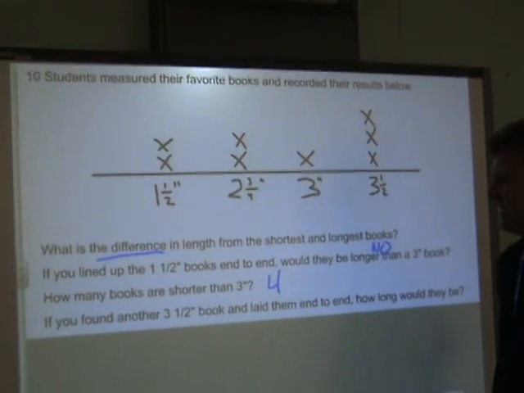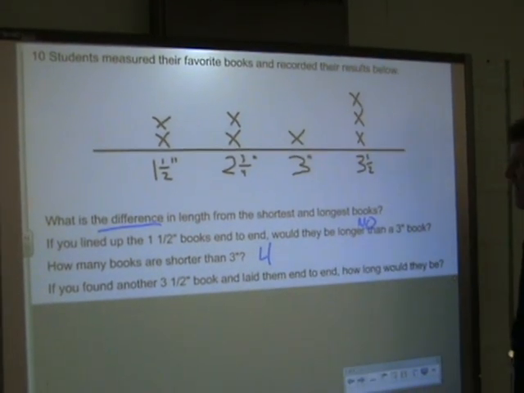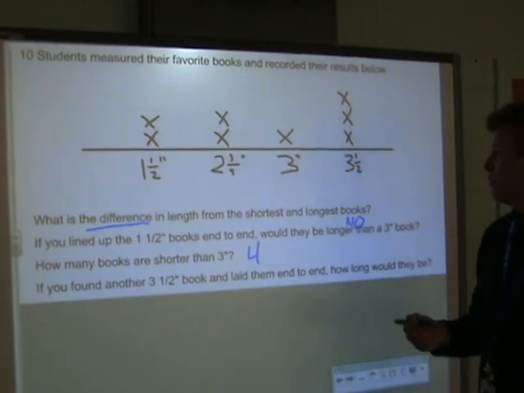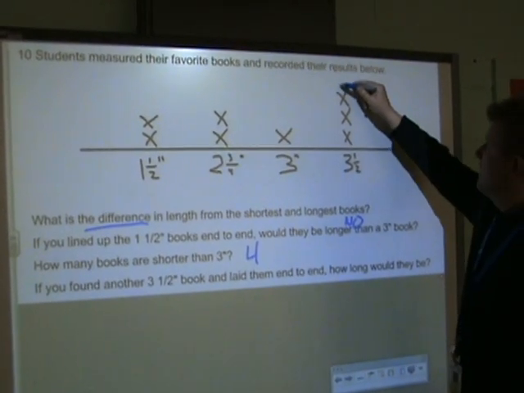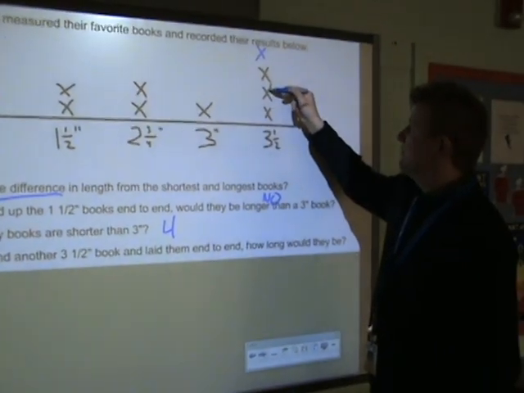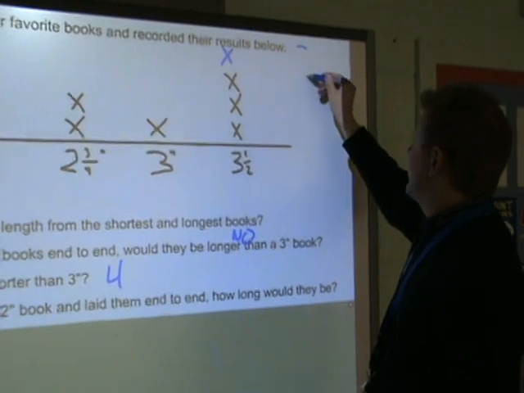If you found another 3.5 inch book and laid them end to end, how long would they be? Well, if we found another kid who said their favorite book was 3.5 inches, we'd have to add them up here. So now I've got 3.5 inches, 3.5 inches, 3.5 inches, 3.5 inches. Got to add them together.